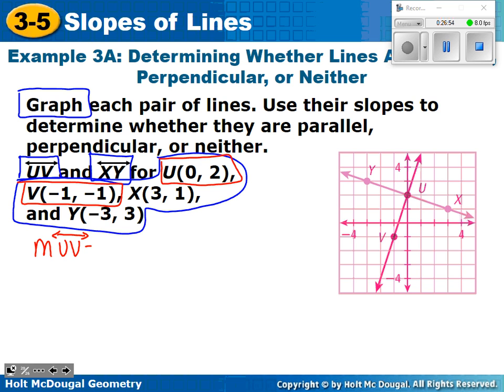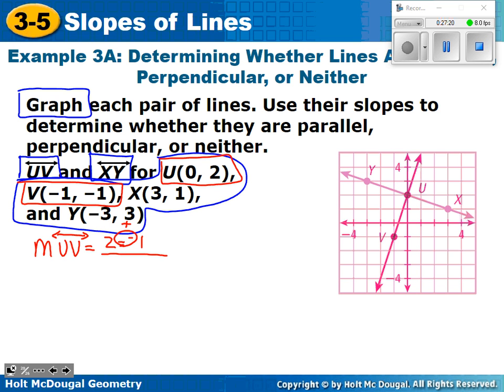So the slope of UV, what's going to go on the top, Jackson? Careful, that's an X. Slope is rise over run. Good. It's 2 minus a negative, but minus a negative is a positive. So 2 minus negative 1 becomes 2 plus 1.